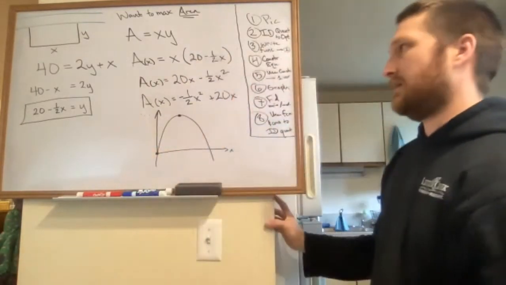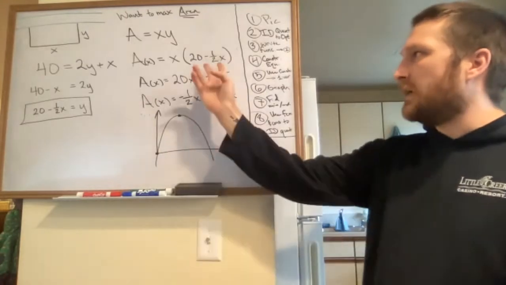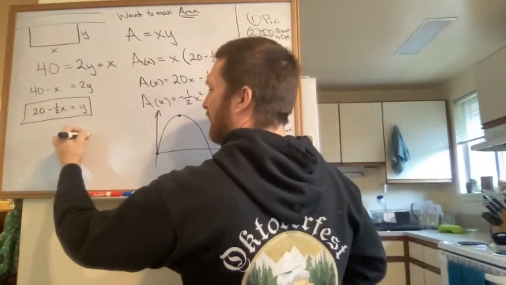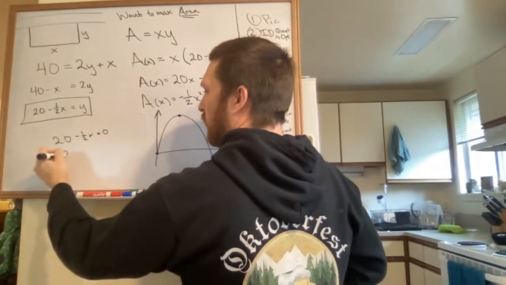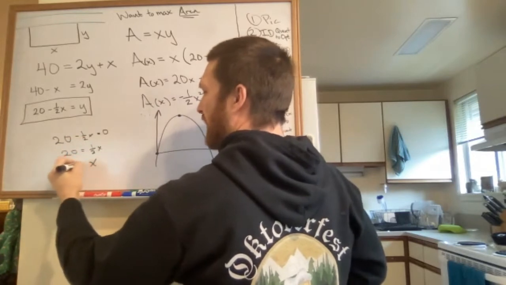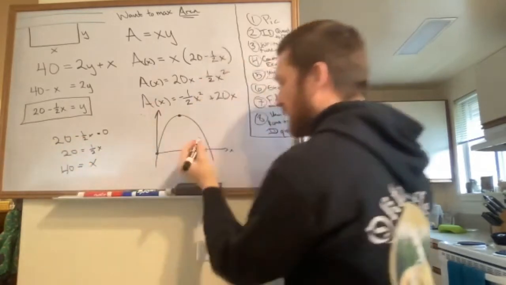So it has to look like that. And if I were so inclined, I could say the other 0 is when 20 minus 1/2 x is equal to 0, or when 20 is equal to 1/2 x, or when x is equal to 40.